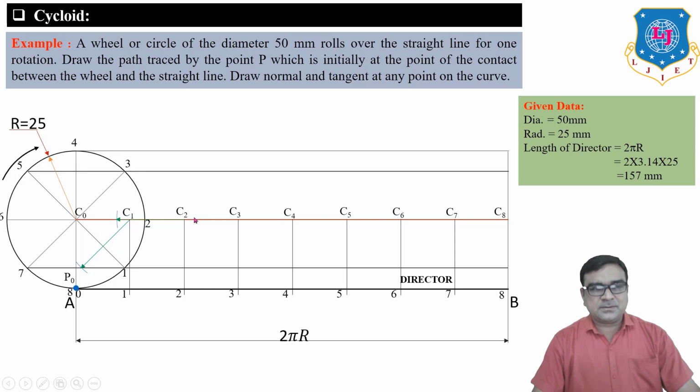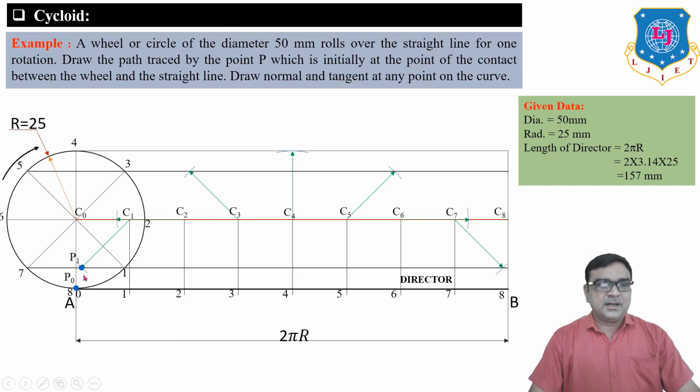For another point, taking center C2, radius 25, draw an arc on the horizontal line which is passing through 2. Similarly for centers C3, C4, C5, C6, C7 and lastly C8.